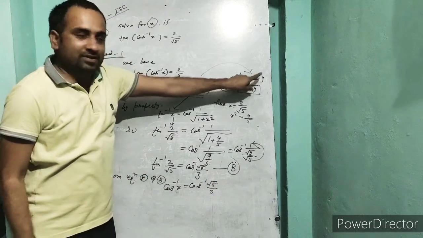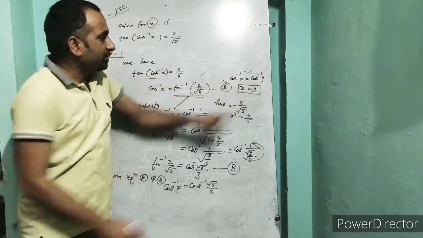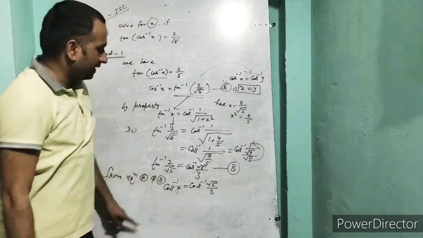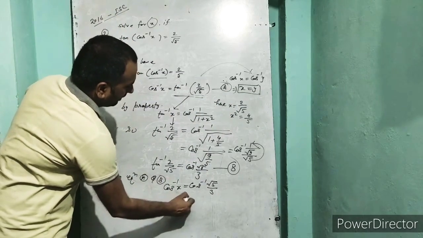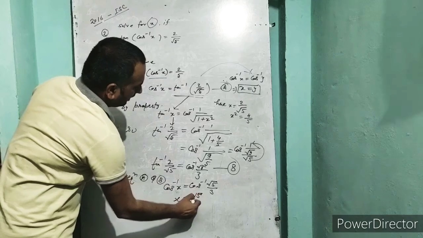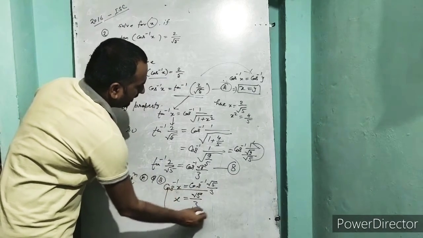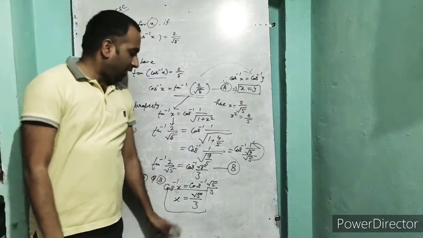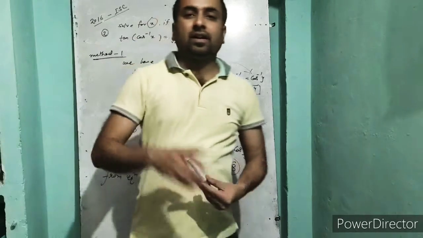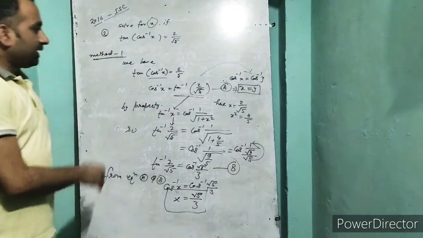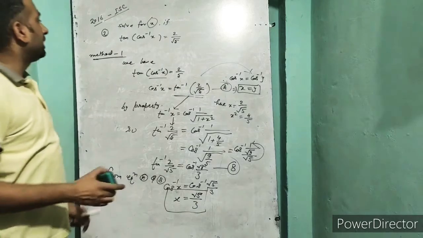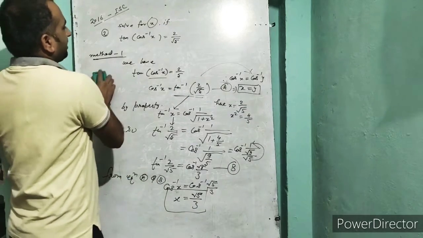So cos inverse x is equal to cos inverse y implies x is equal to y. Similarly, x is equal to root 5 upon 3. This is the required value of x. Any issue? Okay, write down. Now I am going to solve the next method, method 2.